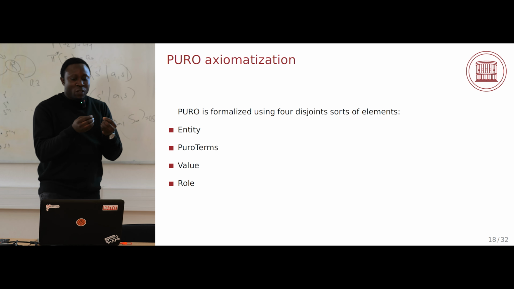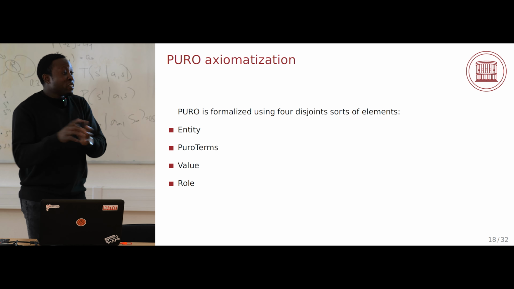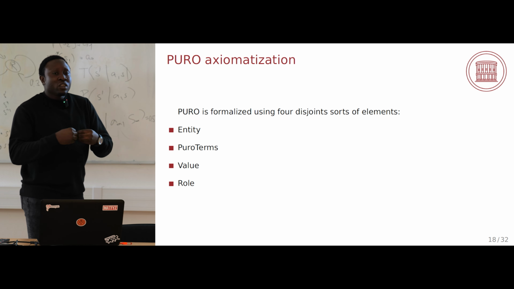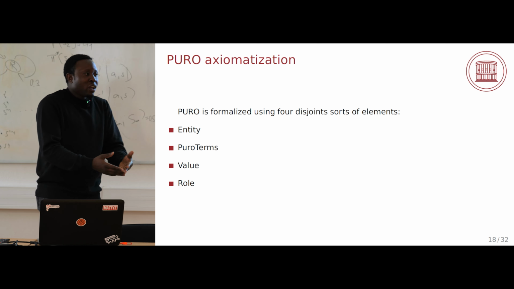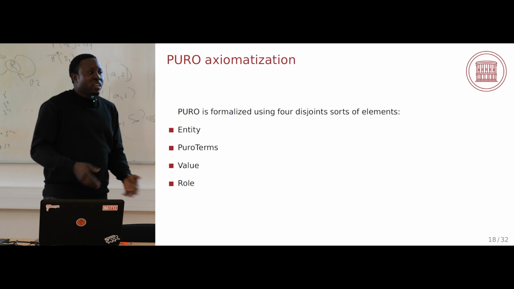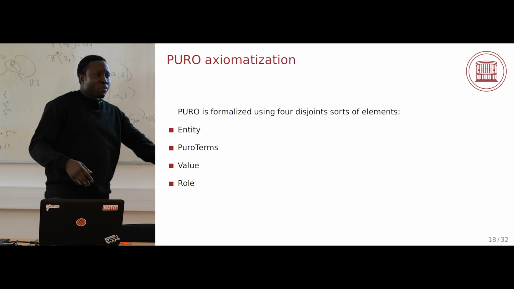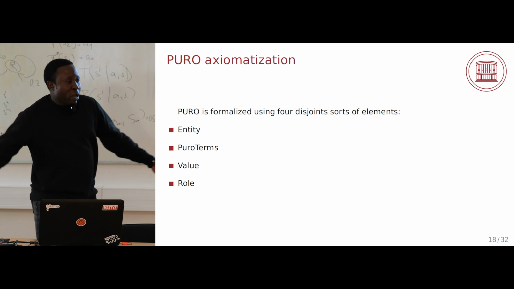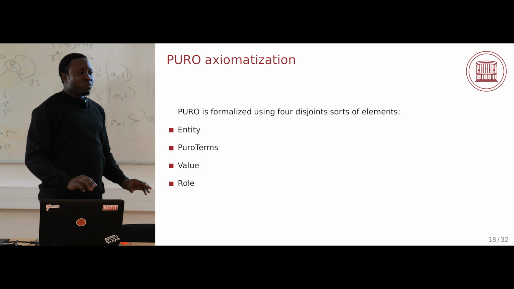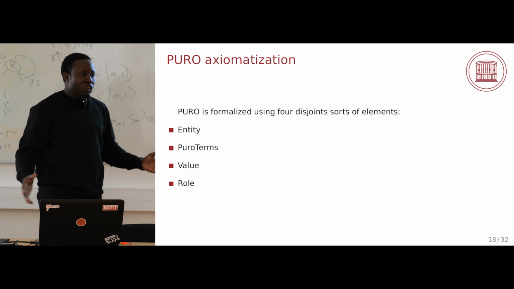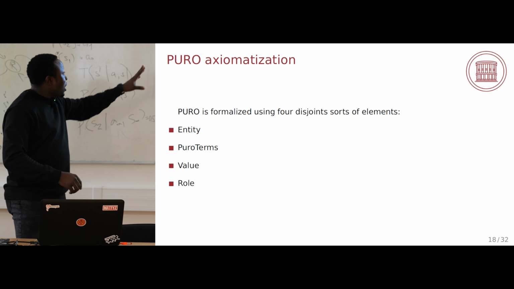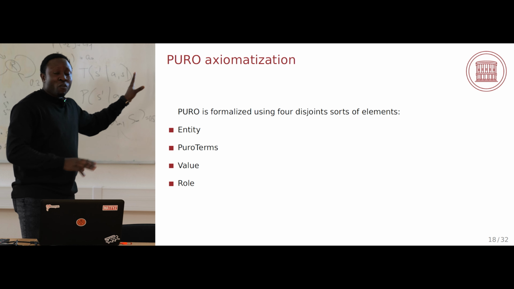Values are more of real values, not in terms of string, just concrete values. And then the roles are the role that entities play in a particular relationship. Like I explained earlier, Peter is married to Esther. So Peter plays the role of the husband, Esther plays the role of the wife. So that is more like the role in this case, not the relationship itself, but the role that the entity plays in a particular relationship. That is what these roles stand for. And these 4 terms are disjoint terms in our formalization of the Puro language.